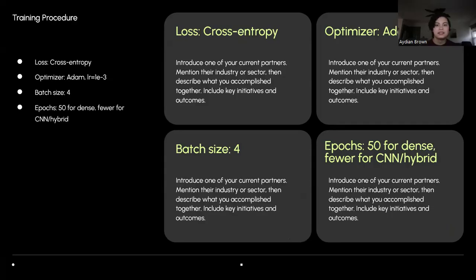Dense networks were trained for 50 epochs, along with the CNN and hybrid networks, but those converged much more quickly, achieving low training loss in far fewer epochs. This training procedure reflects the need for balanced convergence with overfitting risk, particularly for small data sets, which is a common statistical issue with research.